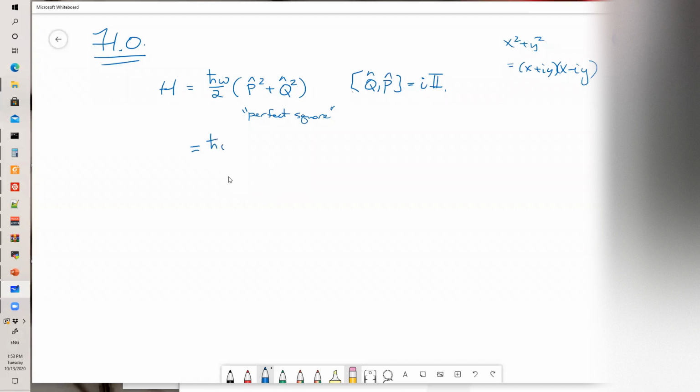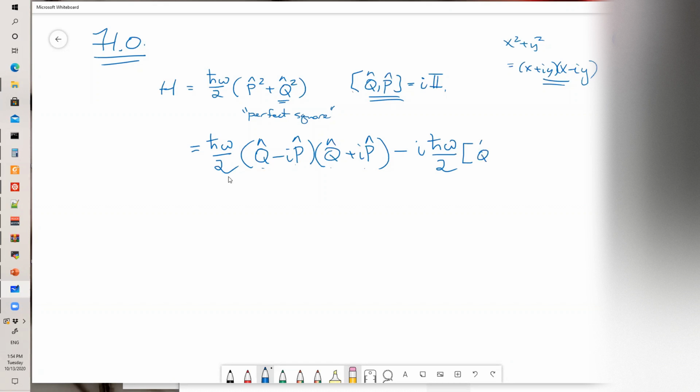And the way you do it is you say, well, okay, we could write this as (q hat minus i p hat)(q hat plus i p hat). But that's not quite good enough because unlike numbers, these are operators. So you're going to be messing up because the cross terms don't necessarily cancel, right? The p times q and q times p, they're not exactly the same thing because they don't commute. So you have to subtract off the commutator to cancel out those cross terms.